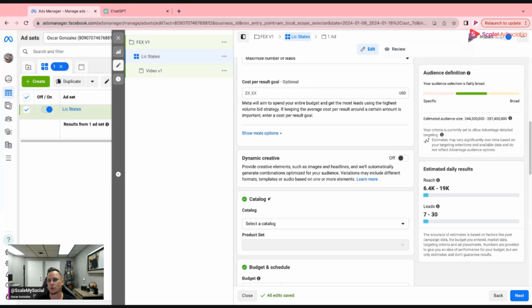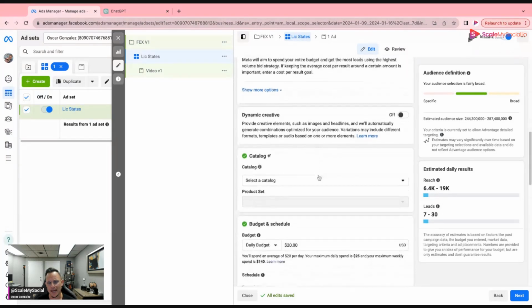Because what a dynamic creative does is you basically feed those to Facebook, and Facebook will show that creative based on performance and will continue pushing the ones that are performing better than the others. For this example, we're creating our very first top of the funnel, so we will not be using dynamic creative, but as you get better and as you progress, I do recommend using dynamic creatives.